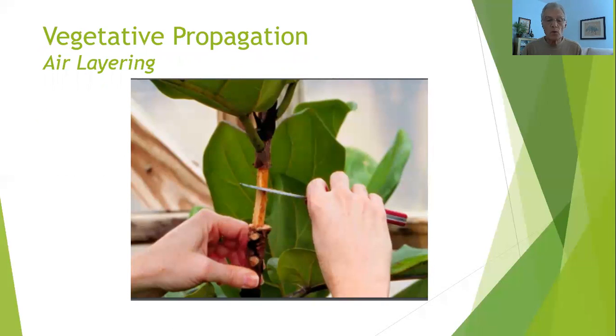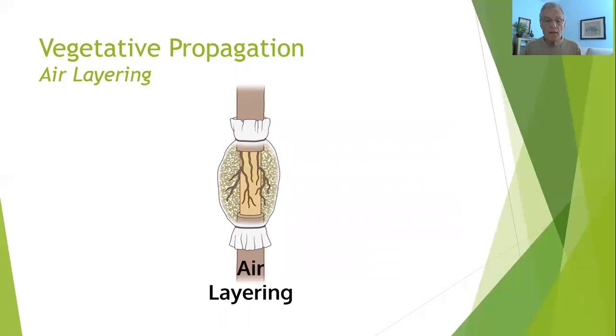So here is someone cleaning the stem all the way down to the wood, removing the bark and the cambium layer. And then sphagnum moss was placed around that wounded area. And here you can see some form of wrap was placed around the sphagnum moss to keep it moist and keep it tight and tied onto the stem.